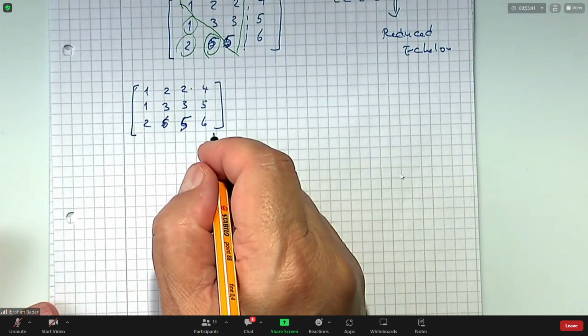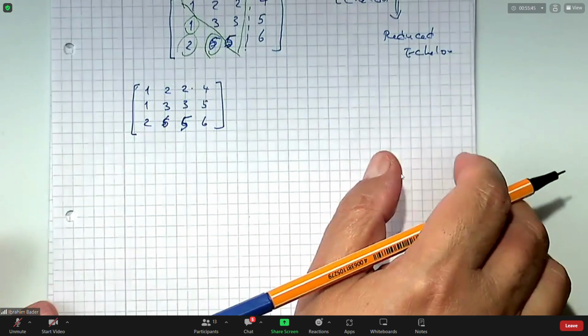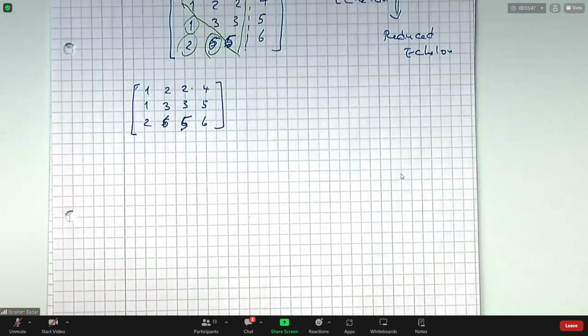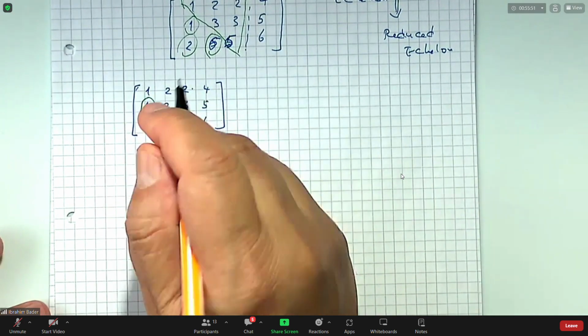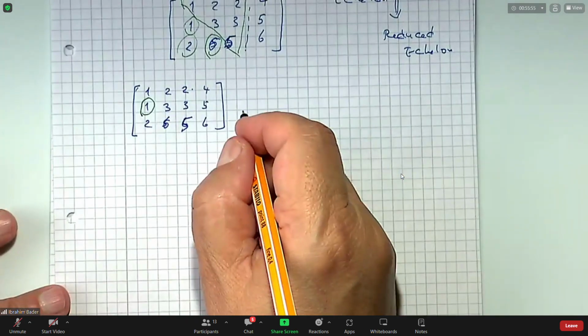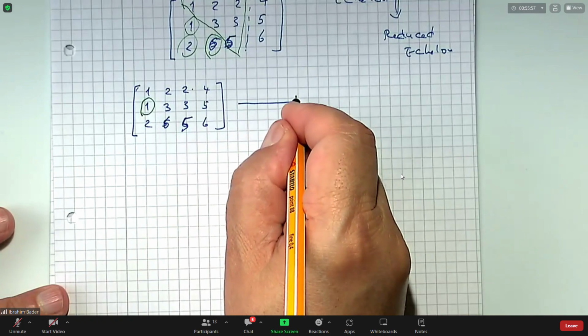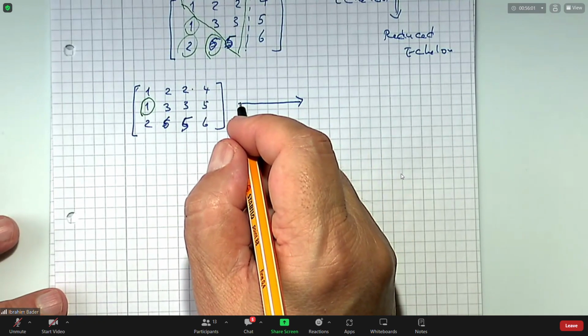Okay, so now here, the first step, as I told you, I will be just having a circle on the element to be eliminated in the next step. So here, I think everyone can see what is the next step.